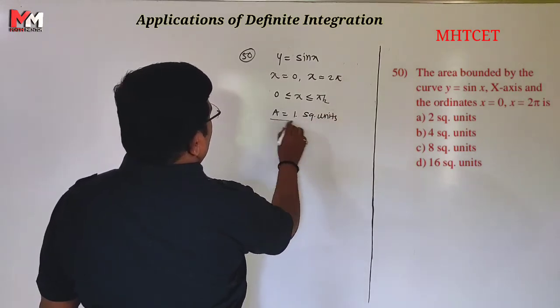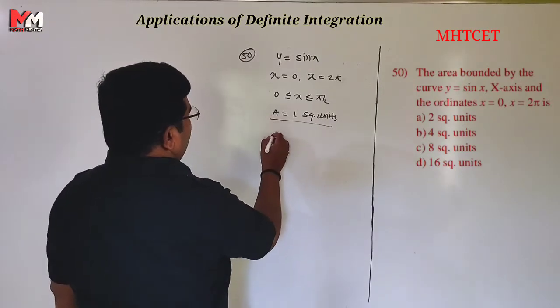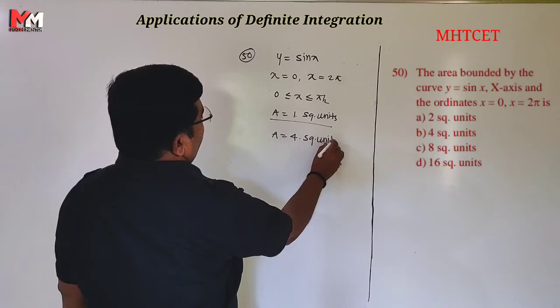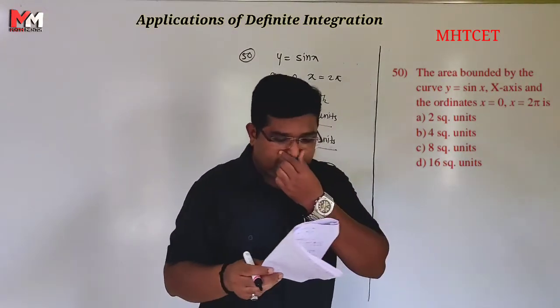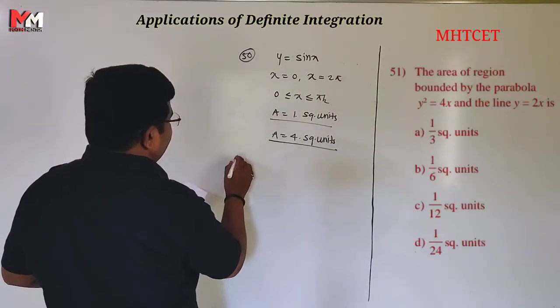In the first quadrant 1, second quadrant 1, third 1, fourth 1. So 1 plus 1 plus 1 plus 1 is 4 square units. This is the answer. The answer of 50 is B. Now 51.